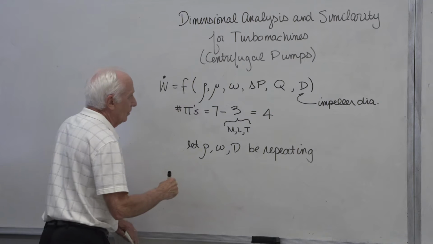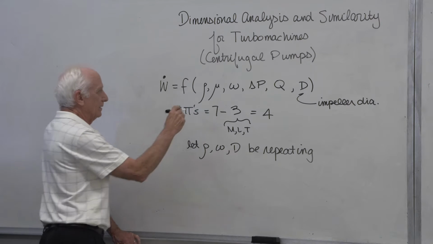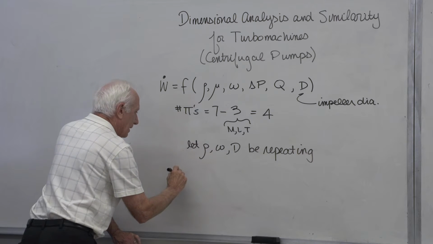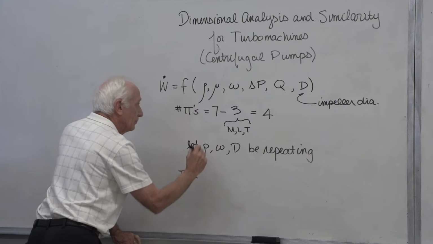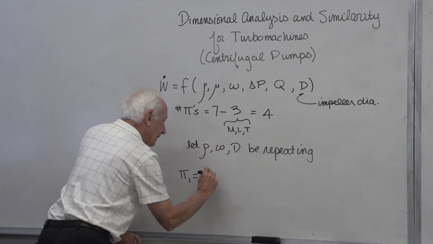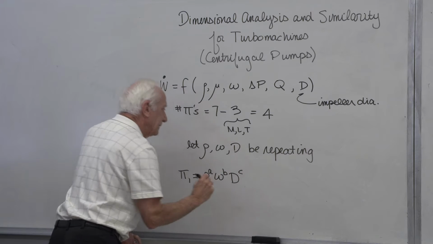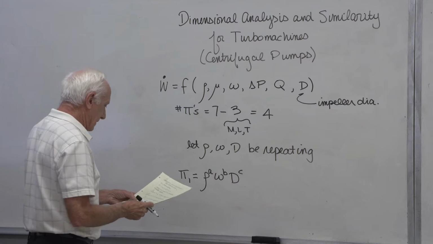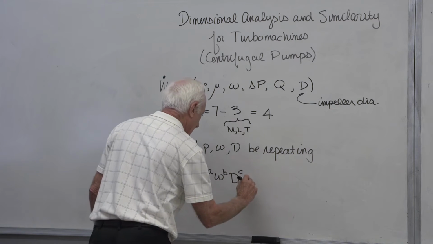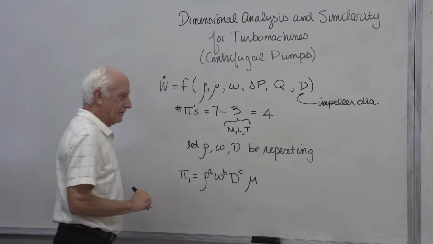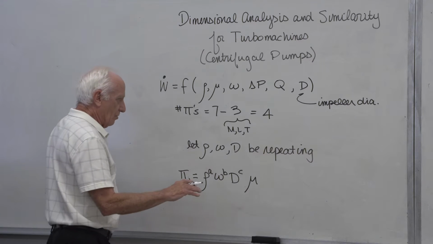Okay, so let's go ahead and get one. So I'm going to say pi 1 is equal to rho to the a, omega to the b, D to the c. And then I'll throw mu over here.